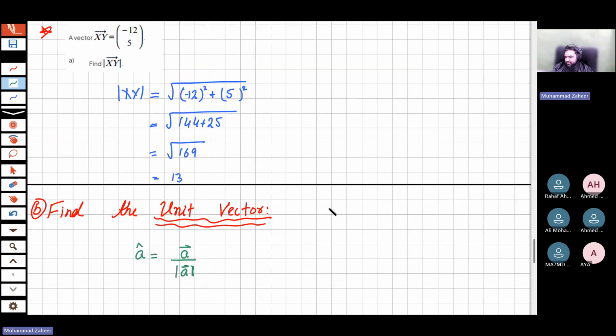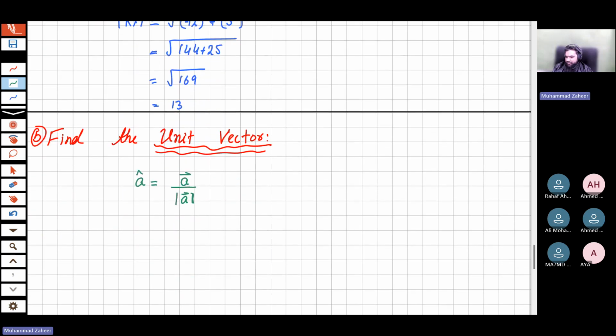Okay, it is not A, it is xy. So we have to write the formula. Let's write the complete unit vector of xy, that will be equal to xy vector divided by magnitude of xy.